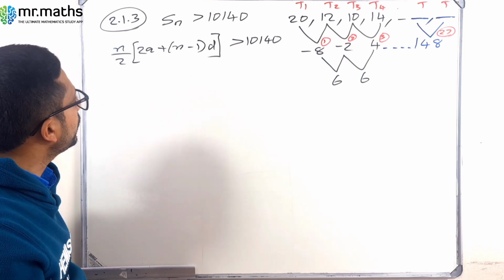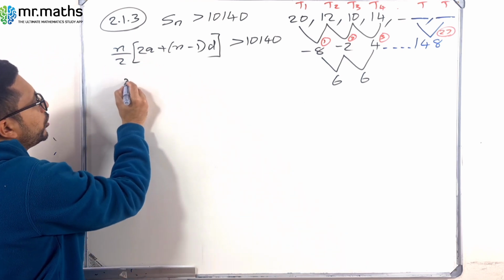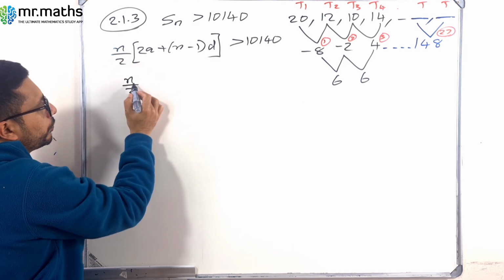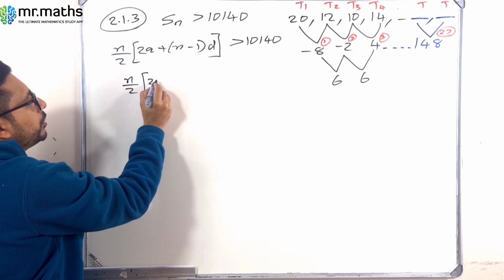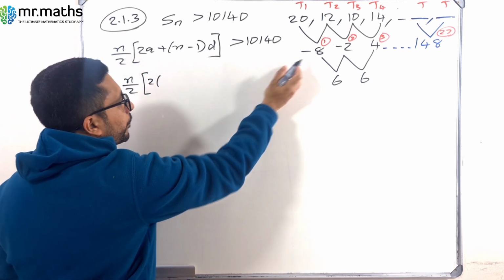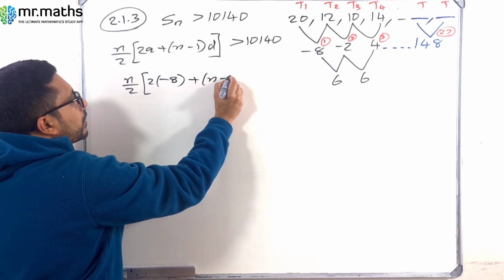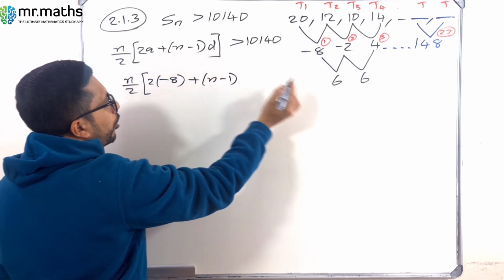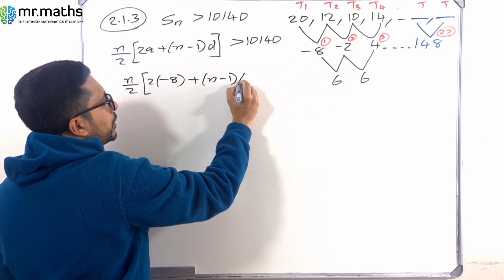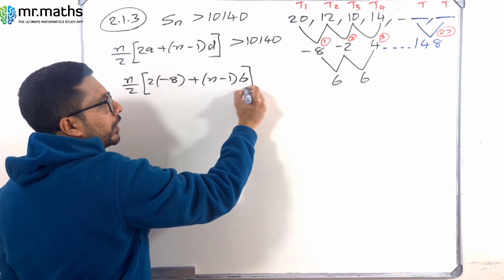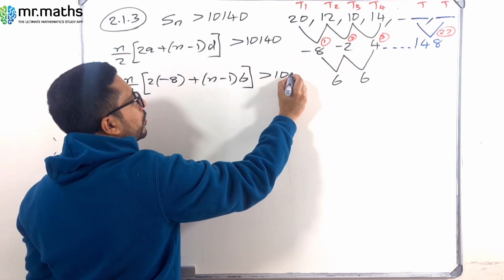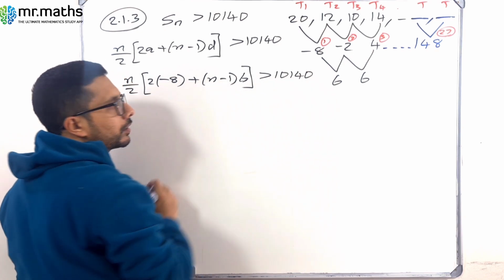Here we have to find the smallest value of n, am I right? So here n by 2, we don't know, we are going to find n. Then 2 into the first term, it is minus 8, plus n minus 1 into d. What is the common difference here? We know that it is 6, and that is greater than 10,140.